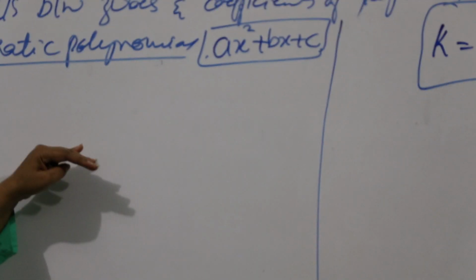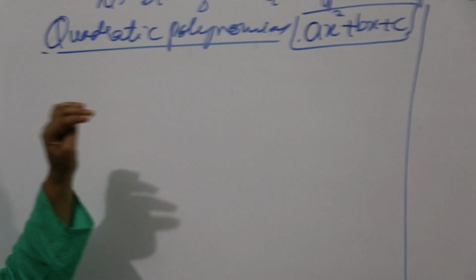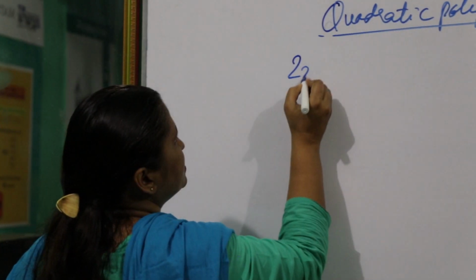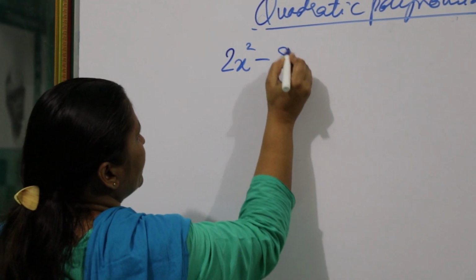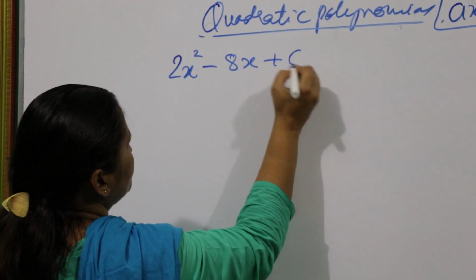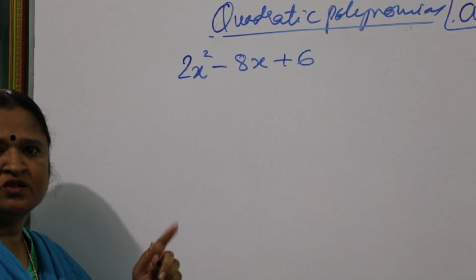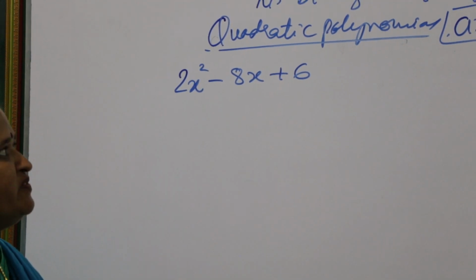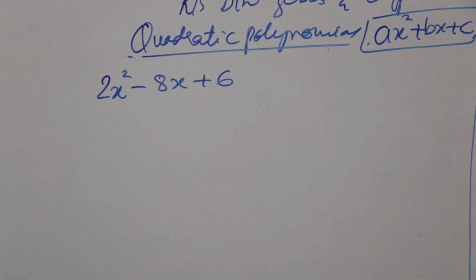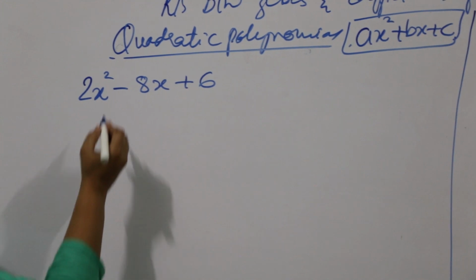Let's try to understand this by taking an example of a quadratic equation. I will take the example 2x square minus 8x plus 6, to explain the relationship between zeros and coefficients of a polynomial.